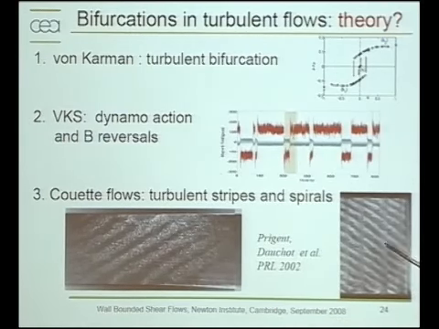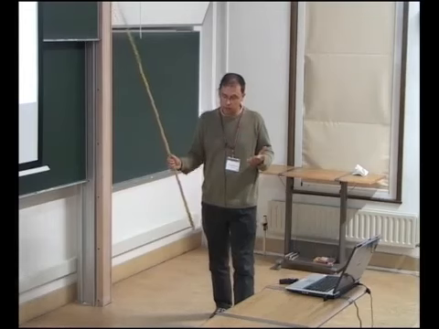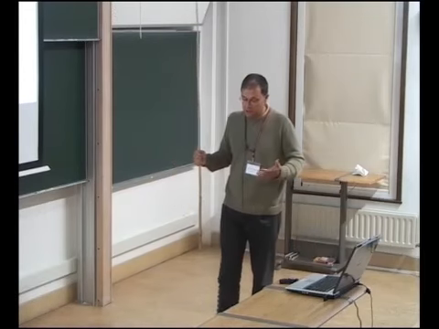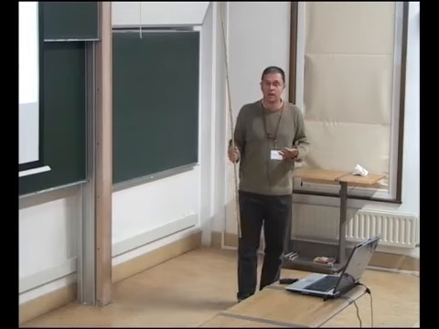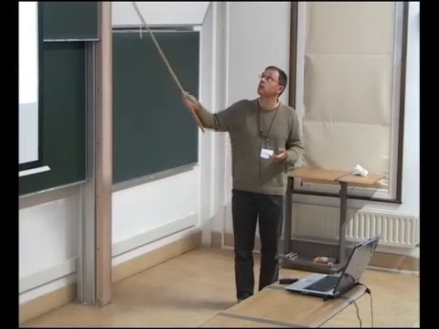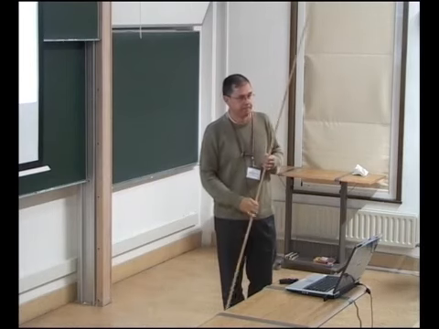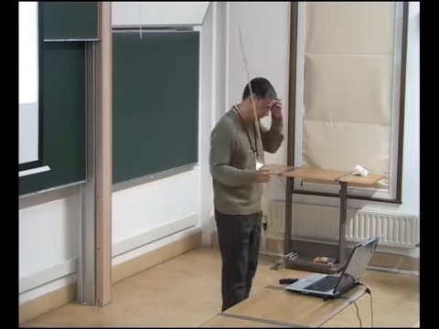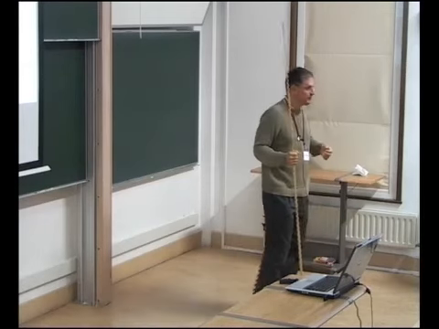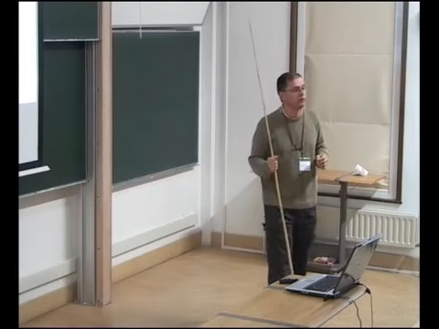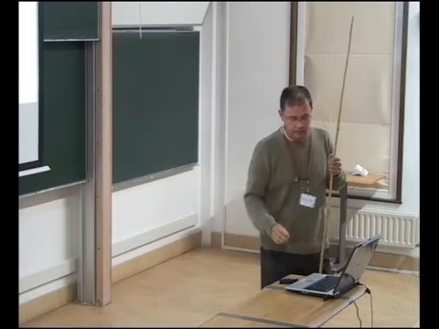And I recall the turbulent stripes we have observed with Arnaud Prigent and Olivier Dauchot in the plane Couette flow, and also the turbulent spirals, which have been observed by Arnaud Prigent and Olivier Dauchot in the Taylor-Couette flow. All these things are remains of bifurcations in fully turbulent flows, and I think we have to understand that and to have some theory about that. Okay, thank you very much.